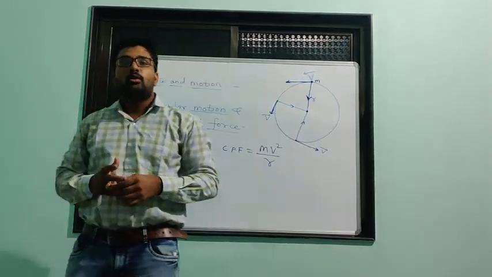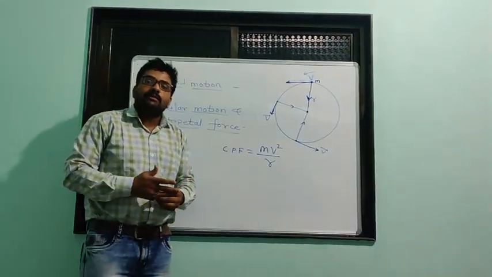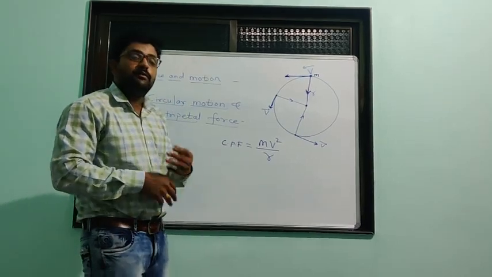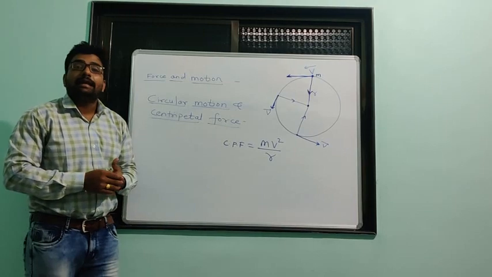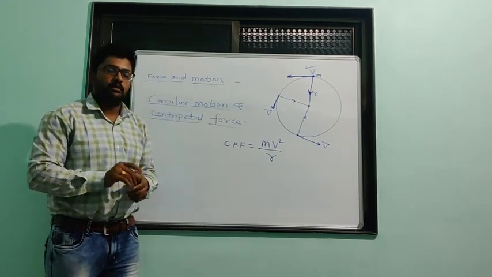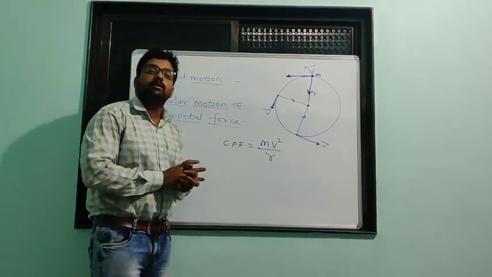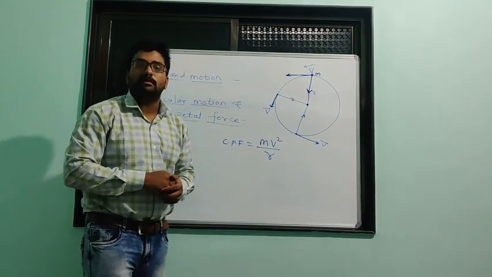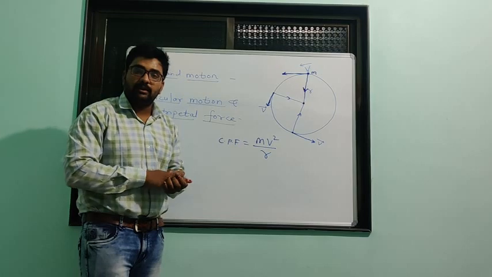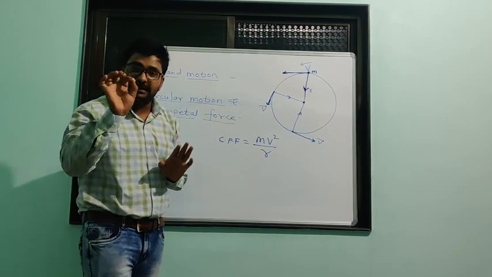Actually, this chapter will start from tomorrow. In tomorrow's lecture we have to study Kepler's laws. Kepler's laws are an important part that is always asked in our board examination for 3 marks. Only 3 statements we have to remember, very easy statements.